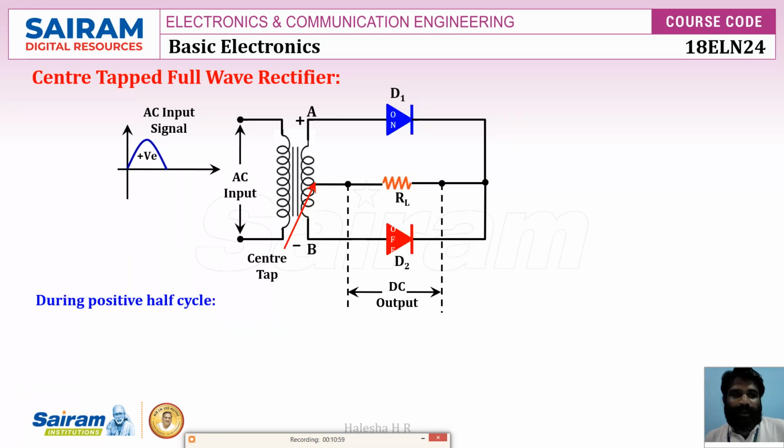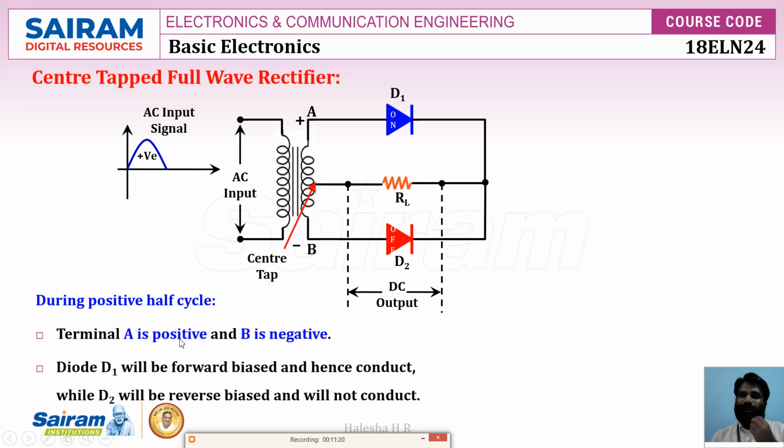Fine. So now we'll analyze during the positive half cycle. So during the positive half cycle, as you know, terminal A is positive, so that is connected to anode, so D1 is on, and terminal B is negative, that is connected to anode of D2, so it becomes off. So that means terminal A is positive, B is negative, so it makes D1 forward biased, hence conducts, and D2 reverse biased, will not conduct.